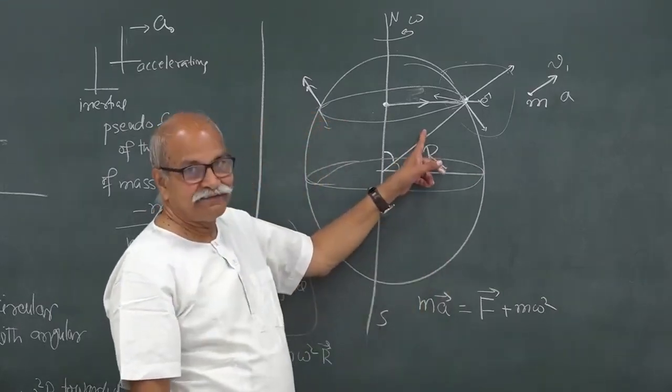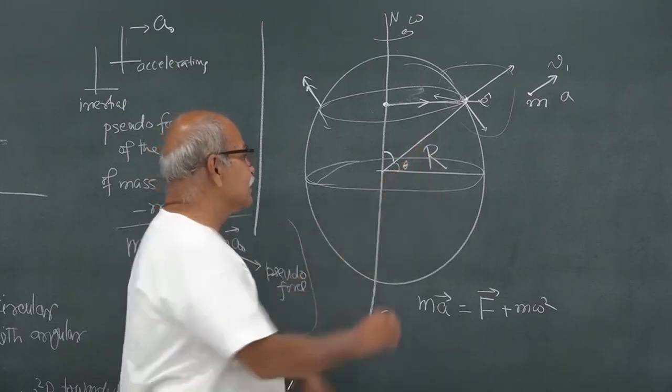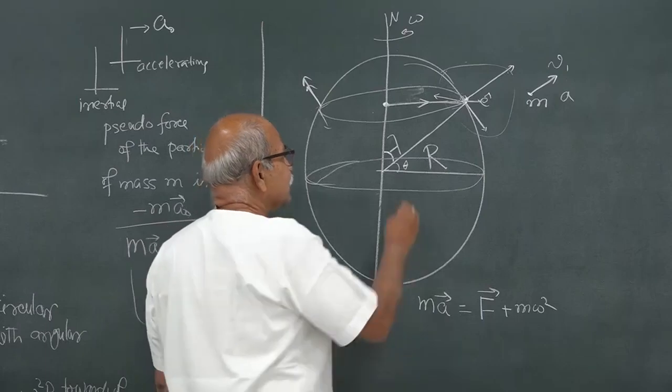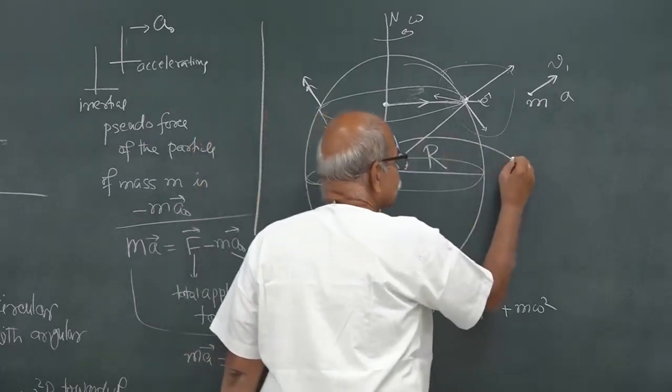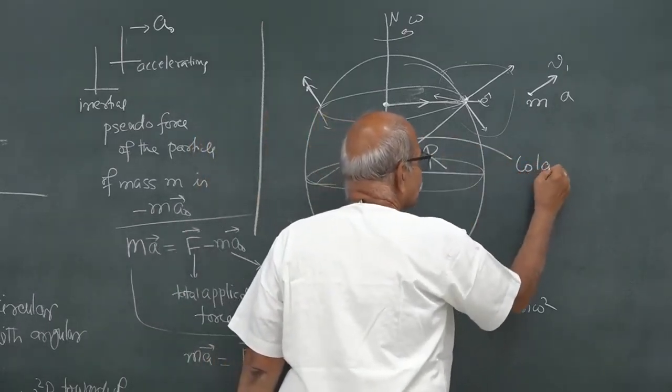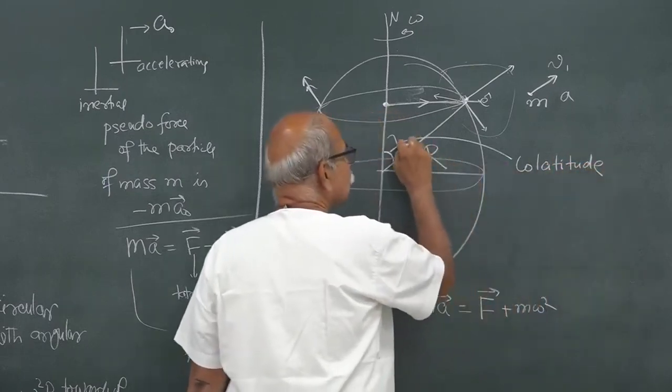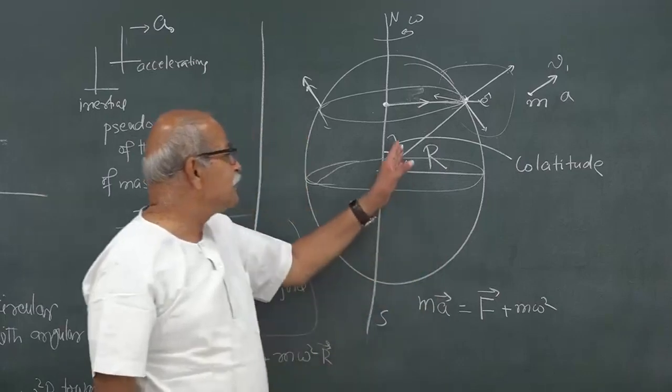This is the latitude, and then 90 minus this, which I write lambda, is called co-latitude, and I will be using this co-latitude.